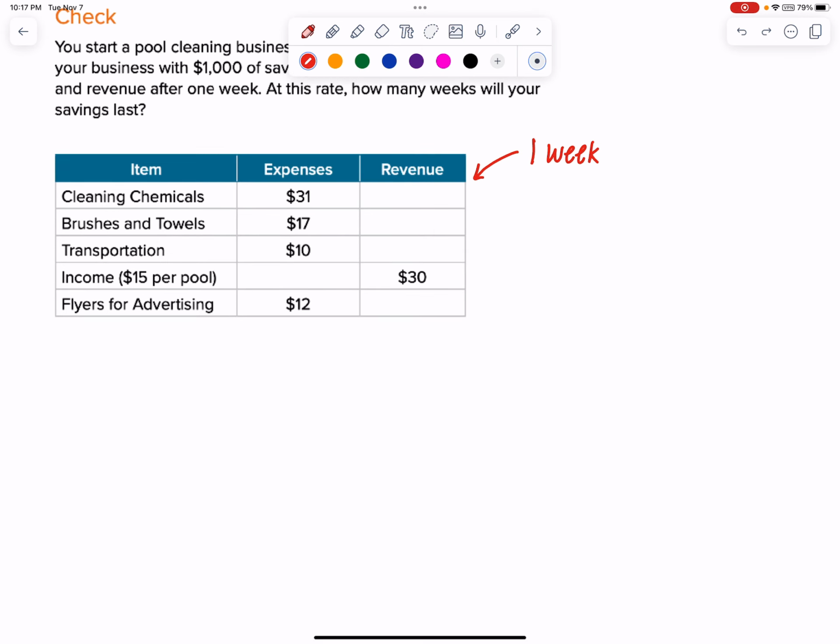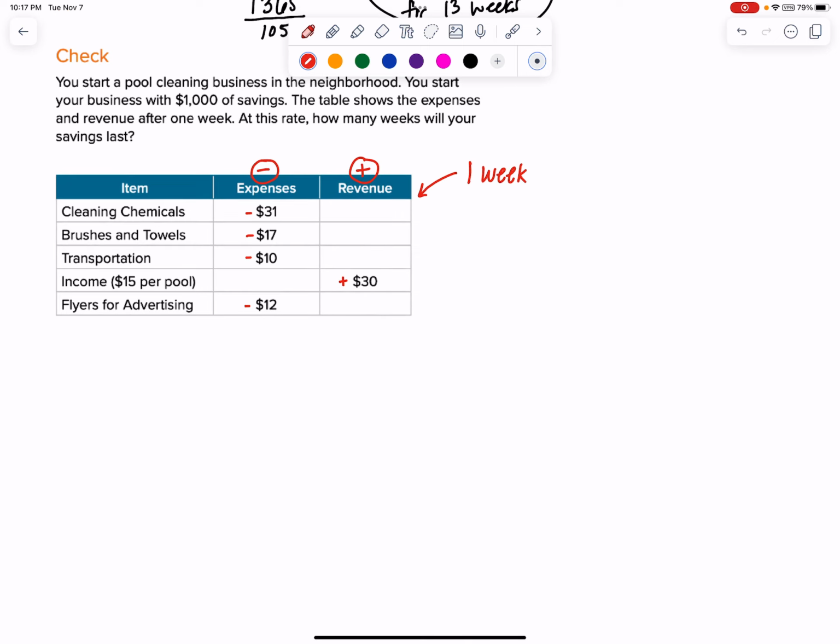The other option would be to break it down a little bit, and just add up all of your expenses. Now remember, expenses are negatives and revenues are positives. So we have all these negative numbers and we have one thing of income. And so what we're doing is we're taking our $1,000 original amount and we're dividing it by how much we actually end up making in 1 week, to see how many weeks our savings will last.